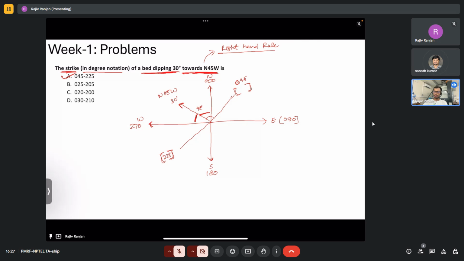What you can simply do is, from the dip direction amount, add 90 degree and you will get the strike, right? If you add 90 degree to 45, it simply comes to north 45 degree east. Okay, so we'll move to the next problem.